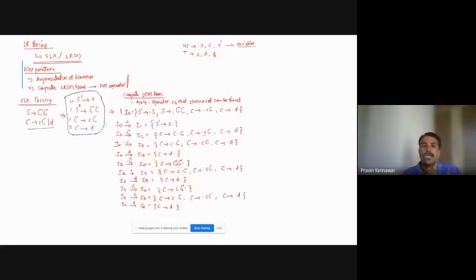There is only one, S implies dot CC, so the dot is applied over C. Since C is a non-terminal and the dot is before C, we need to include all the productions of C in the same set: C implies dot small c capital C, and C implies dot D.